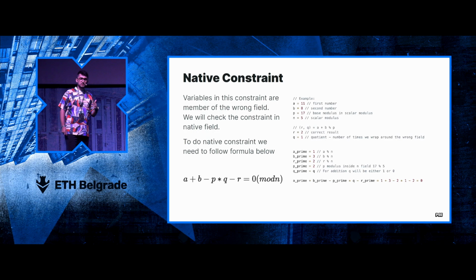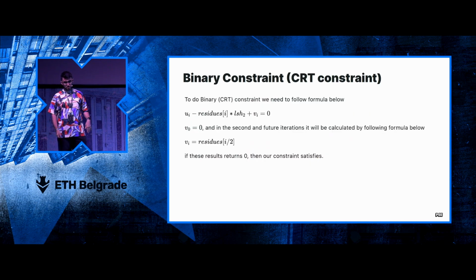So we say that in the native part, this constraint is satisfied, and we can go check the second part of our constraint, which is the Chinese remainder theorem binary constraint. This is the actually important part for this. We need to follow this formula.